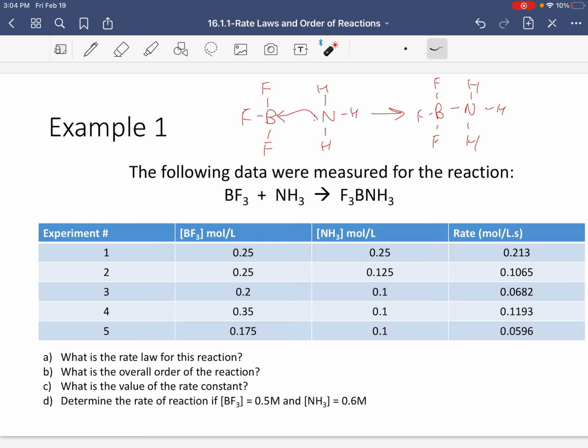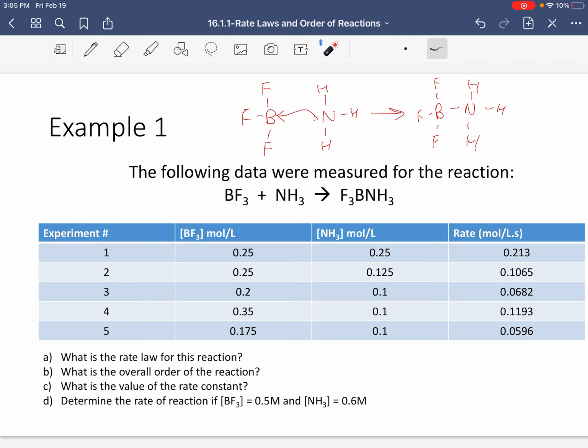If you look at experiment 1, experiment 2, we kept BF3 the same number, 0.25 molar. And what we did was we changed the concentration of NH3 by half. And we noticed that if we kept this the same, but we changed this by half the amount, the speed also changed. How much did it change? Kind of by half too.